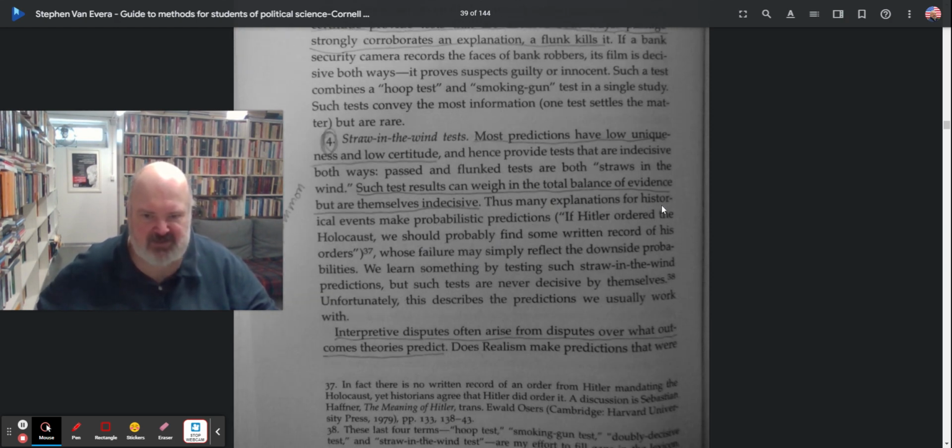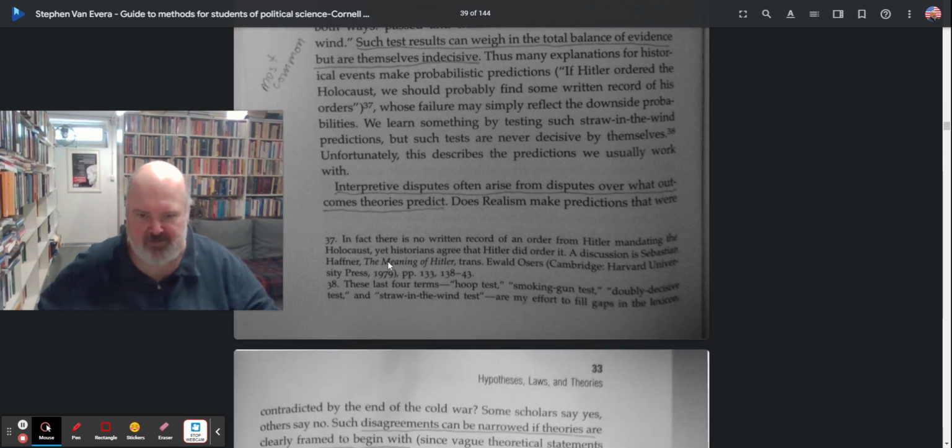Thus, many explanations for historical events make probabilistic predictions. If Hitler ordered the Holocaust, we should probably find some written record of this order. This is famous. In fact, there were no written records of an order from Hitler mandating the Holocaust, yet historians agree that Hitler did order it.